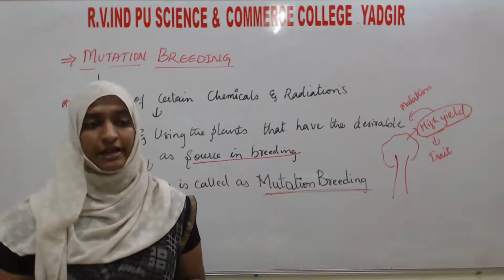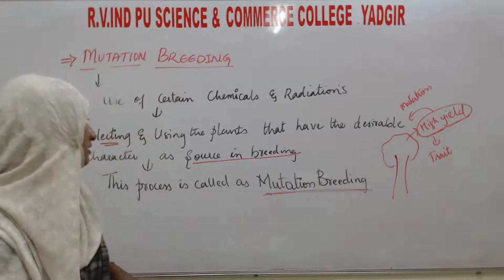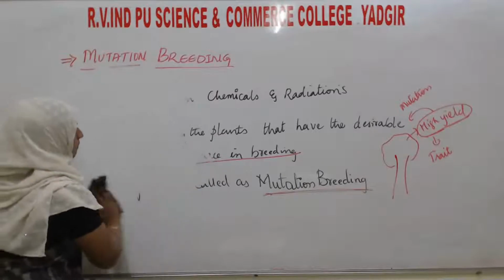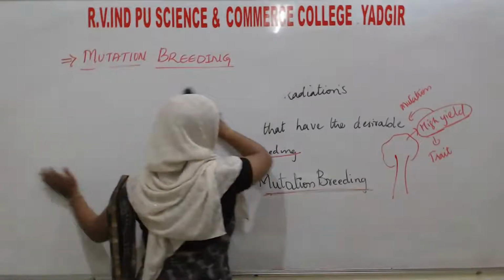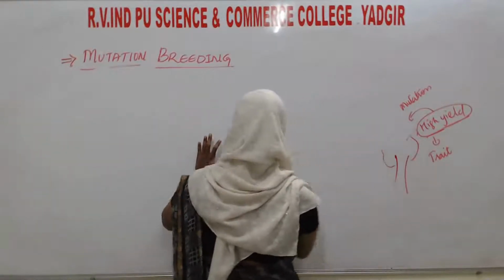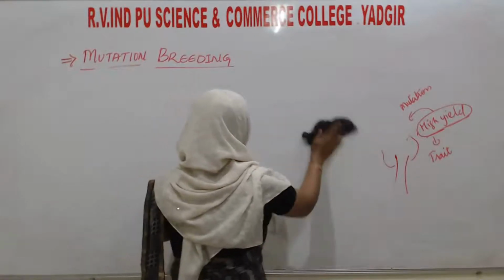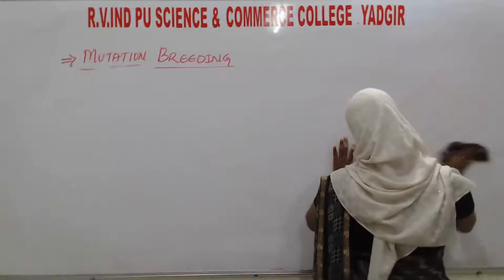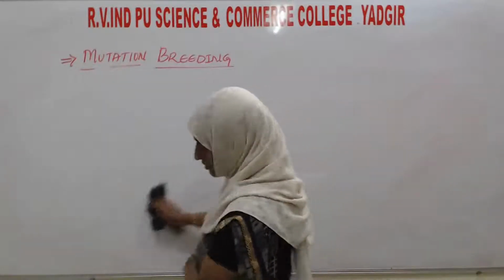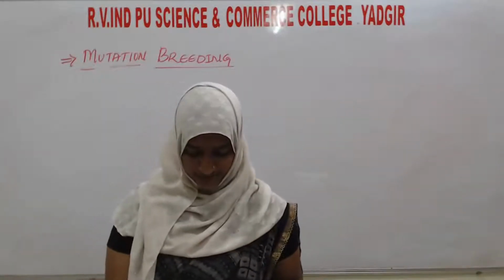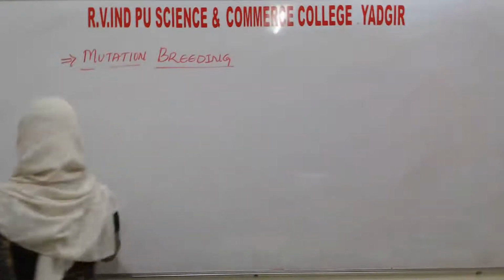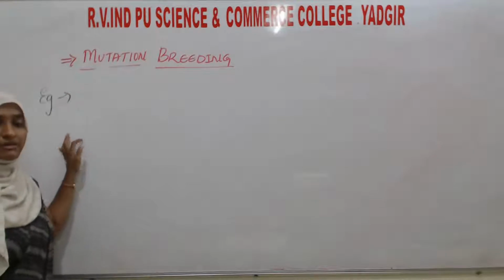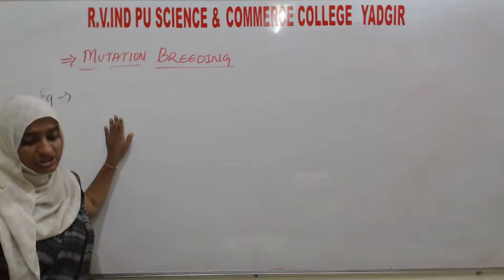Some examples I will tell you in mutational breeding. Let's see the examples. What plants have been developed by mutation breeding?